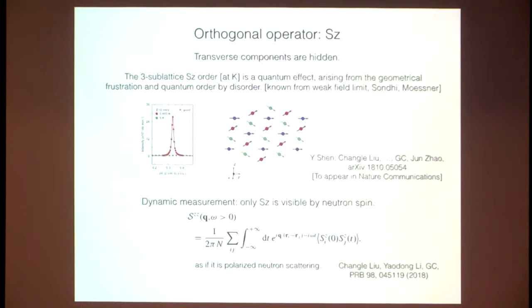If the AB plane component does not develop any kind of order, you don't see any kind of spin wave-like dispersion, because the AB plane then has a non-zero expectation value. Then if you apply the Sz operator, it will create a coherent spin excitation, by flipping the AB plane magnetic order. So then you'll create this coherent excitation. So this is the application of this orthogonal operator approach to understand the property of this system.